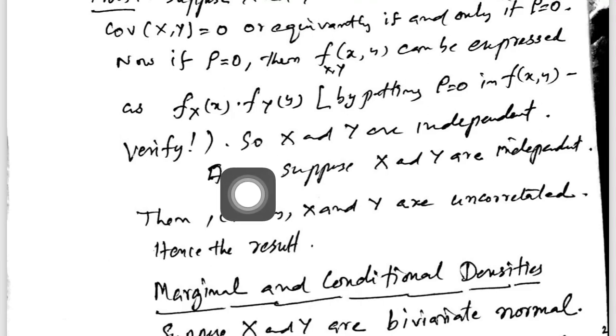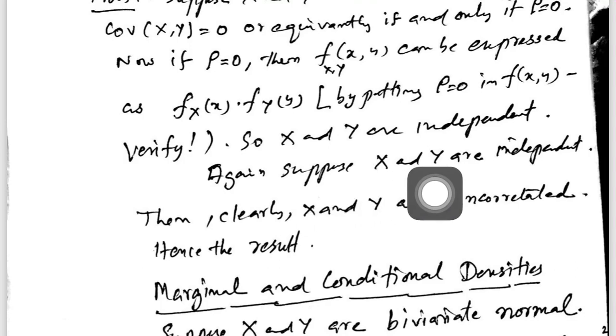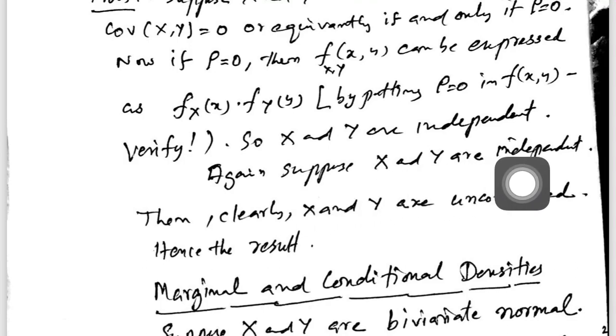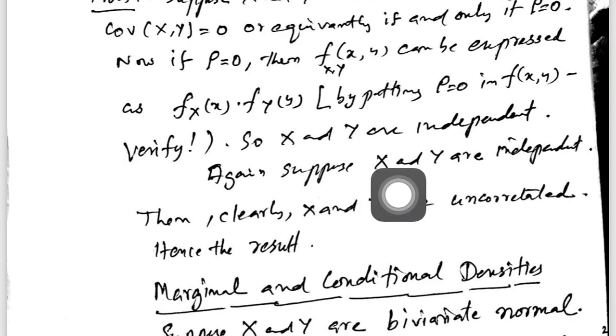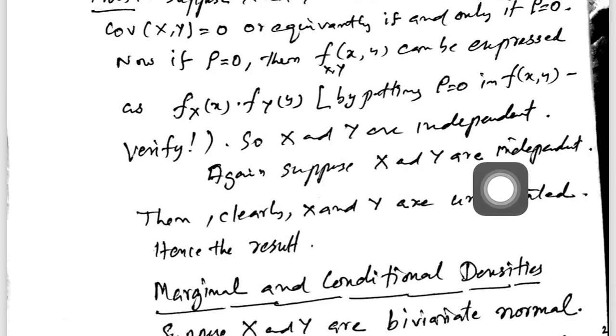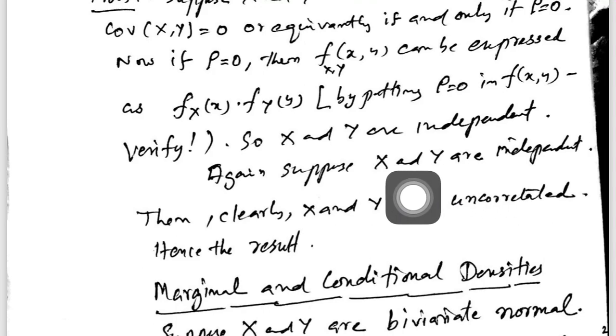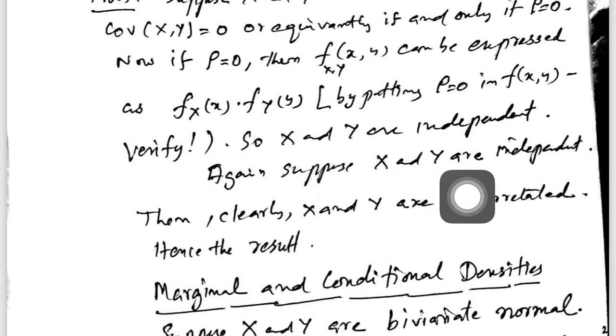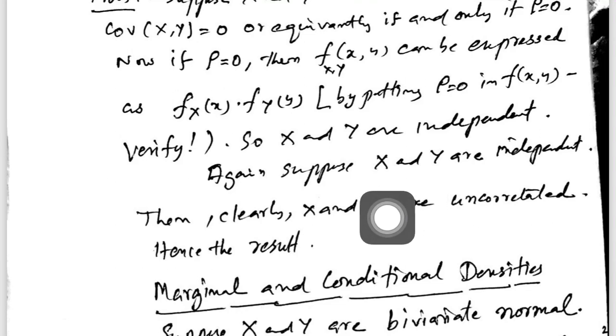And to prove the converse, suppose x and y are independent. If x and y are independent, what happens? Covariance becomes 0, and that is true for any distribution.